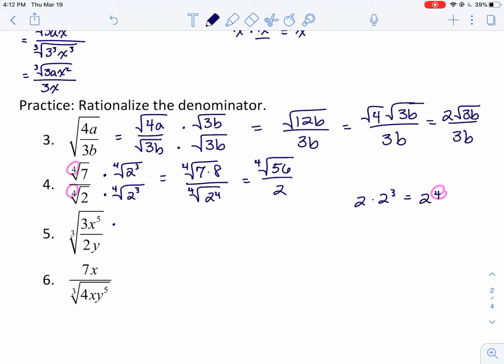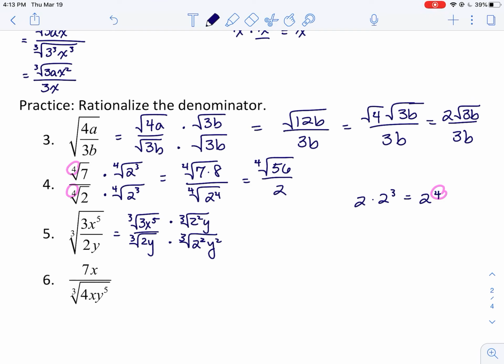Number 5, if I multiply the top and the bottom, first I should probably separate it out. So I get the cubed root of 3x to the 5th over the cubed root of 2y. And then I'm going to multiply the top and bottom by the cubed root of 2 times y squared. 2 times 2 squared gets me 2 to the 3rd.